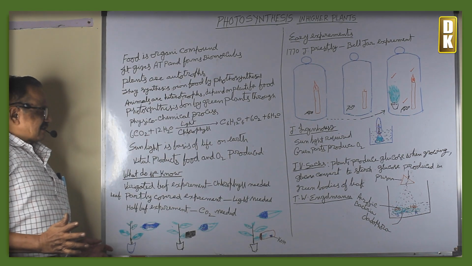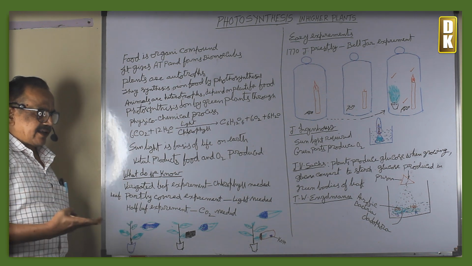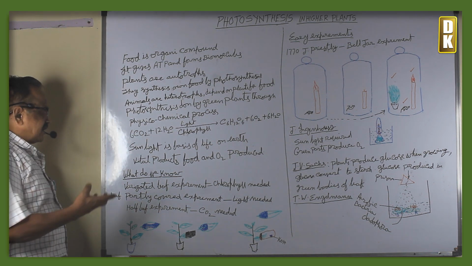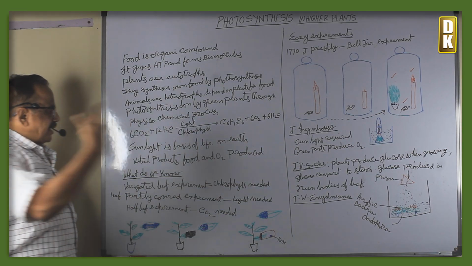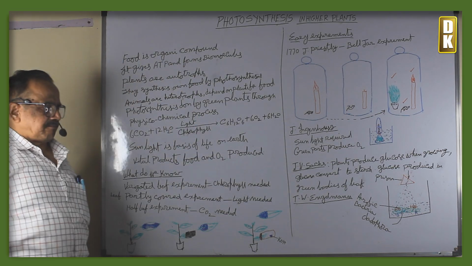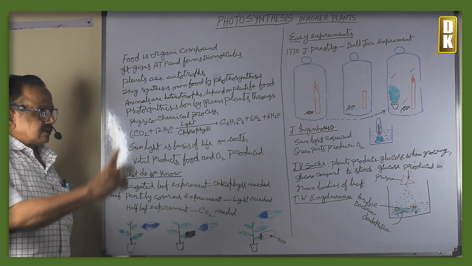So photosynthesis is giving two main vital things. One is the direct vital thing, the food material, and as a byproduct it is giving the oxygen.